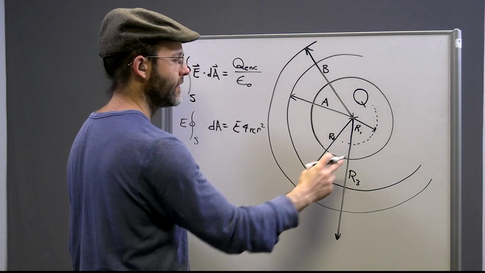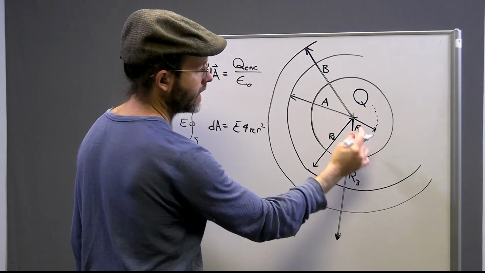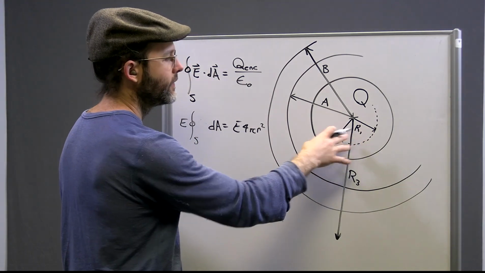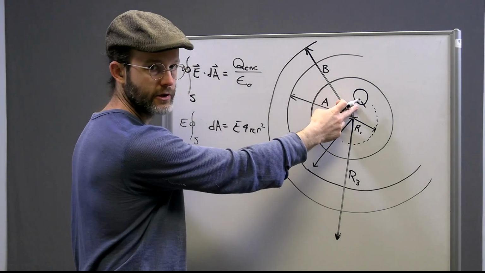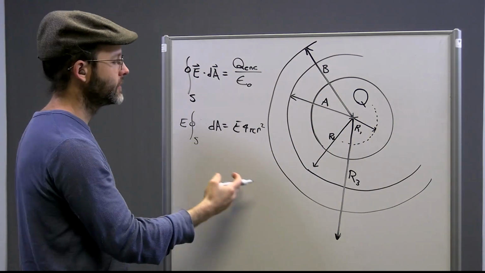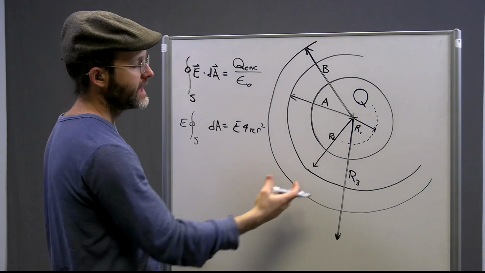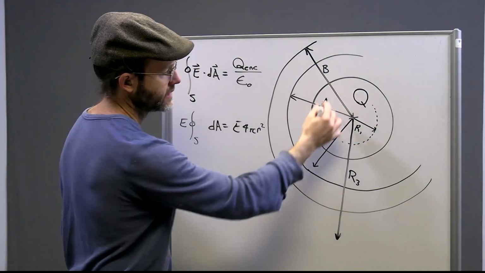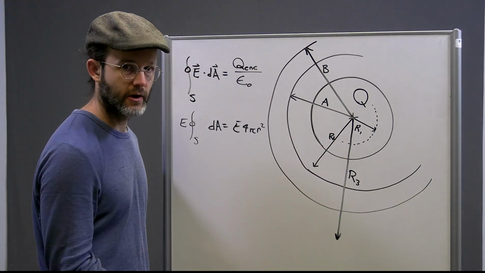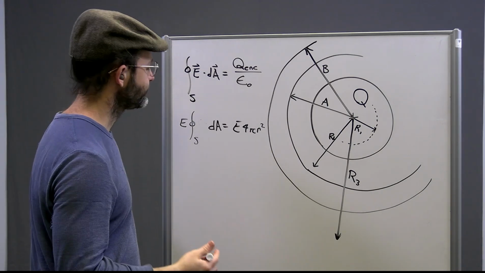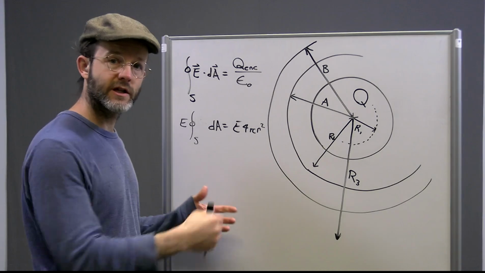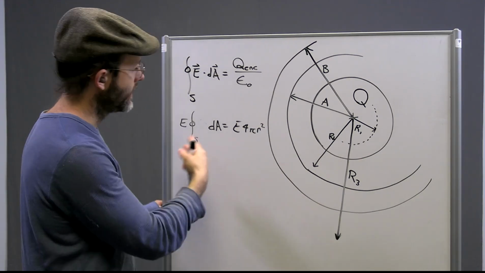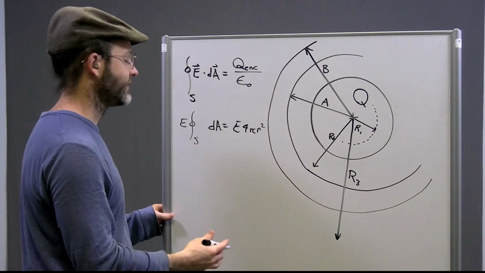That means that within that imaginary sphere, there will be some total amount of enclosed charge, but it is not equal to Q. Therefore, we need to evaluate, if we drew this imaginary Gaussian surface, how much charge is enclosed within it. So we'll take more steps than is necessary just for the sake of explanation, and we'll be able to see how it simplifies in the end.